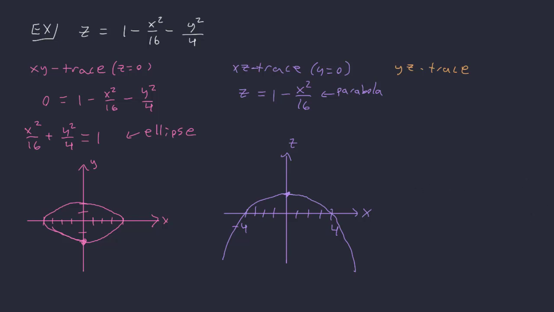Okay, then next up, and last but not least, this will be our yz trace. The yz trace is when x is equal to 0. And we're going to get z is equal to 1 minus y squared over 4. And again, that's another parabola.